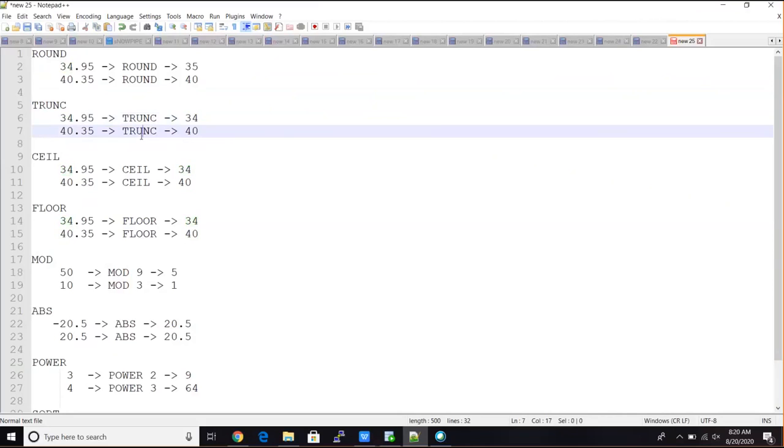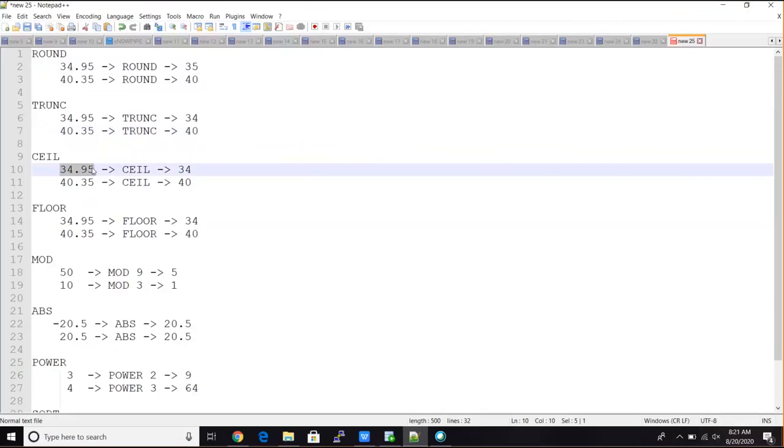Okay, now let's talk about the ceil function. Ceil, like the ceiling in your house, is above our head. So what ceil does is go to the next nearest integer value.